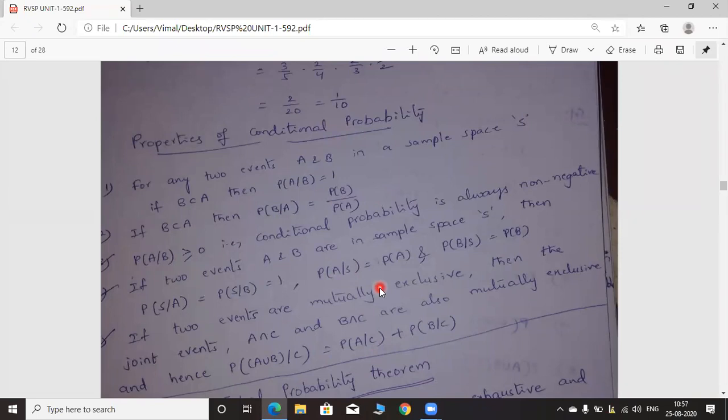So based on the points explained in the properties, we are going to solve the problems, and it will be clear while solving them. In this class, three problems are explained for you, and the properties are also explained. Anyhow, the proof for the fifth property can be explained later. You need not worry about that.